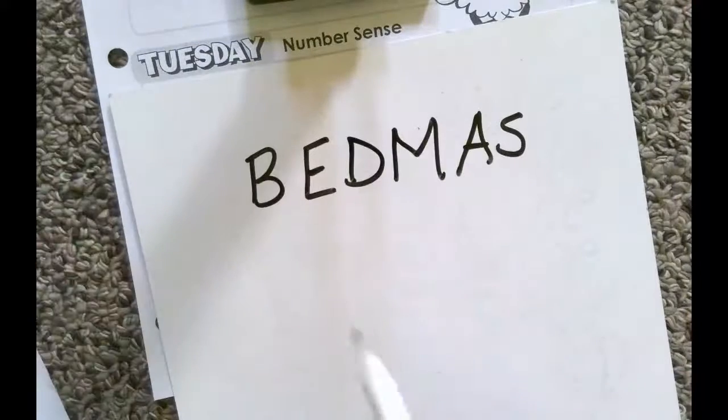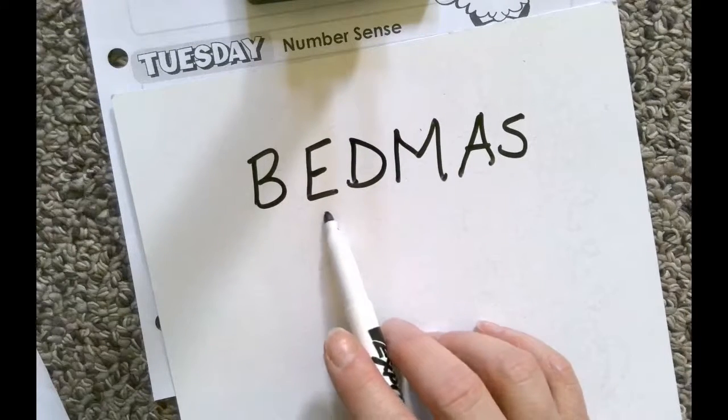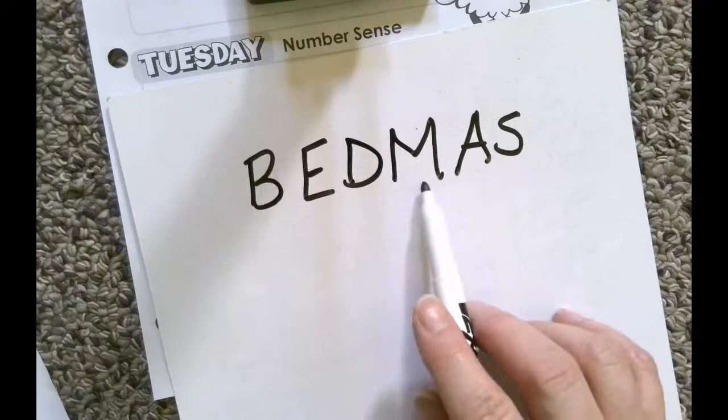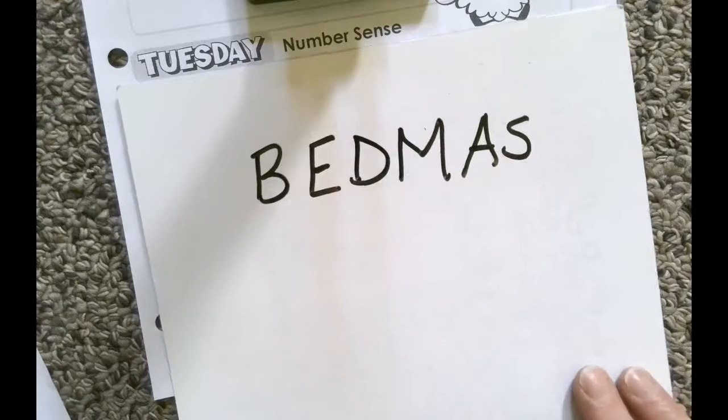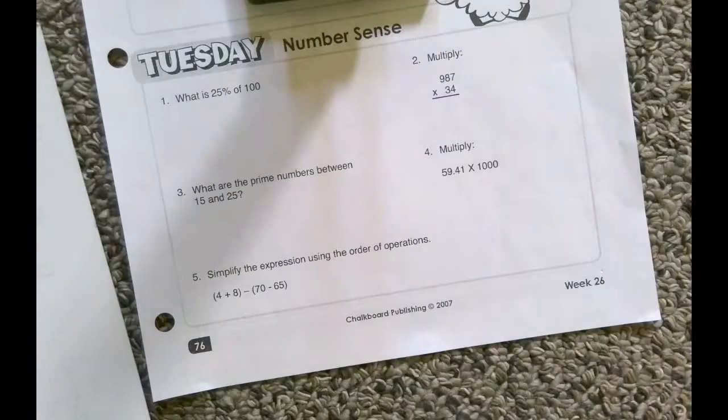So if you remember, brackets, exponents, division and multiplication in any order, addition and subtraction in any order, but always from the left to the right. So do number 5 using the rules of BEDMAS. Pause the video, and when you come back, you may have a guest star helping with the answers.